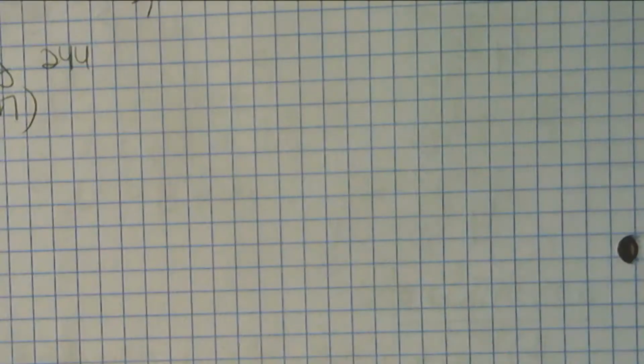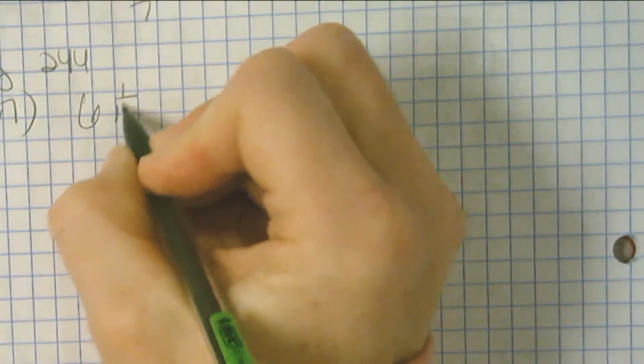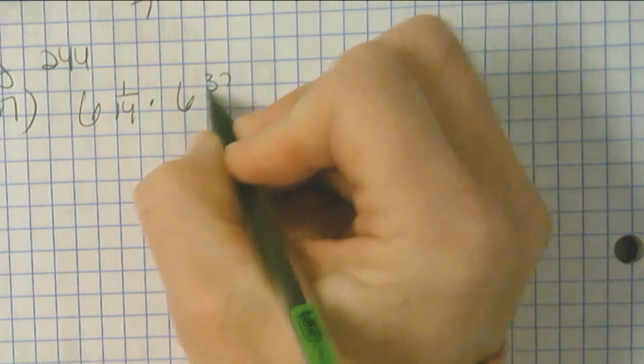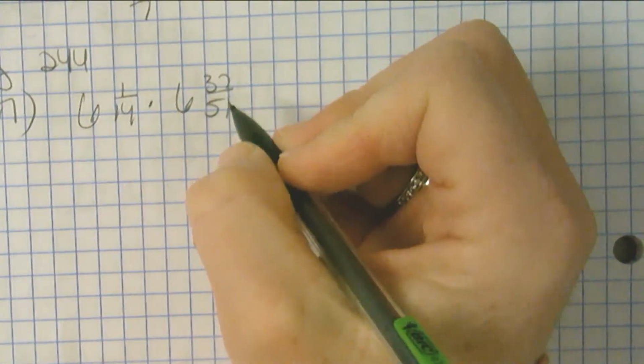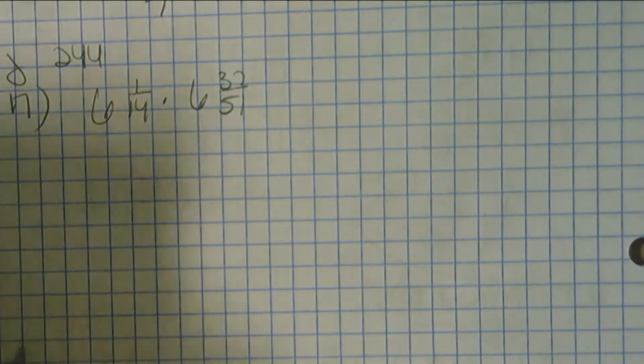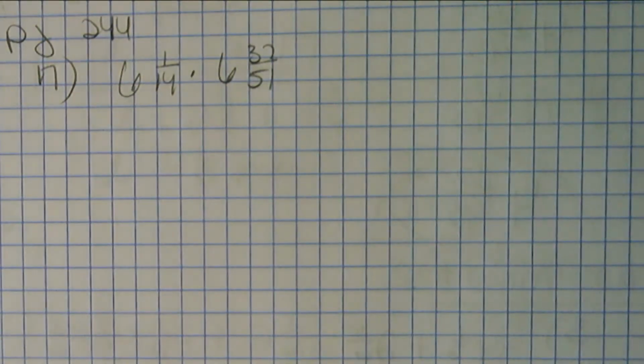All right, so for number 17, I have 6 and 1/14, and I'm multiplying that by 6 and 37/51. Is this the one you're talking about? Okay. So one of the things that you guys should have taken notes on and remembered or retaught yourself is, when we are multiplying mixed numbers, you have to turn them into improper fractions.